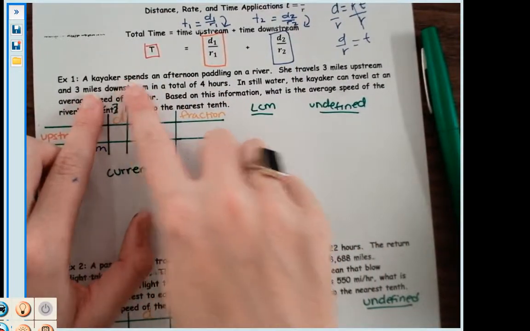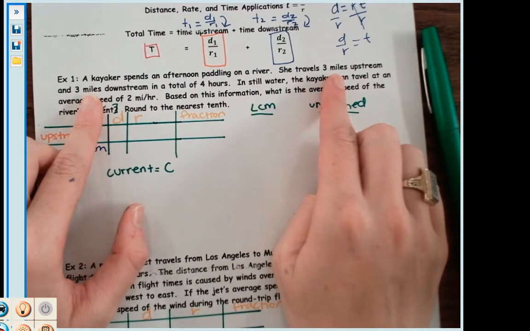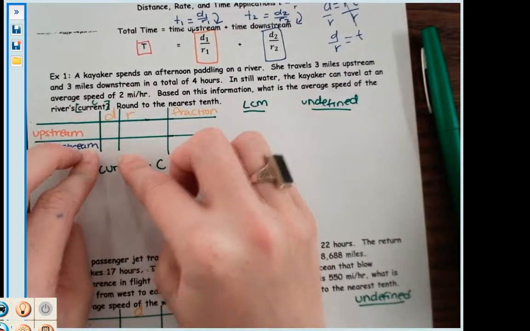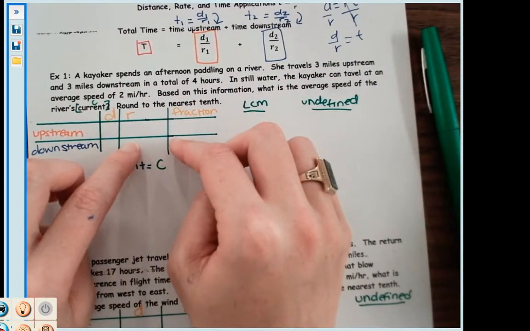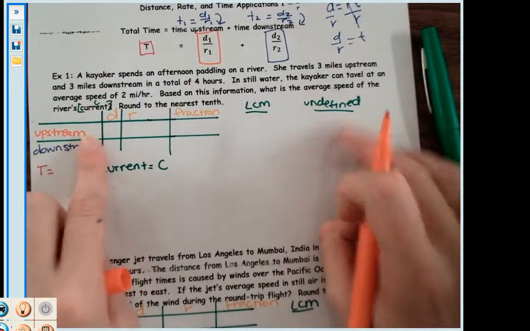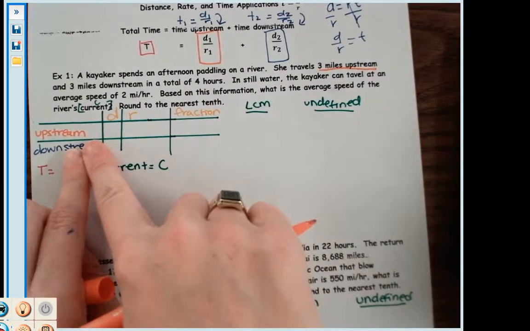So let's see here. A kayaker spends the afternoon on a river. She travels 3 miles upstream and 3 miles downstream. Is 3 miles a distance or a rate? You guys are so smart. That is a distance. So the distance that they are going upstream is 3 miles, and that pertains to upstream stuff.